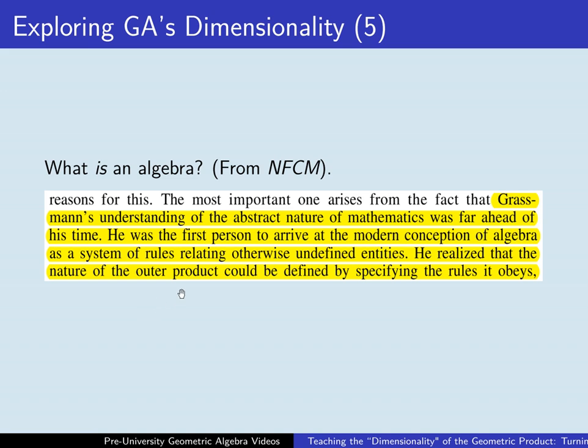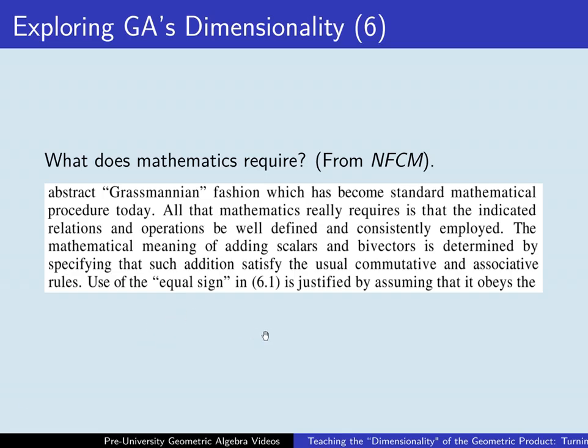So he realized that the nature of the outer product, and of the inner product, could be specified by the rules that it obeys. And that applies generally to the geometric product as a whole. So, as Hestenes goes on to say here, this abstract Grassmann fashion of defining an algebra has become standard. I'll let you read the rest of this.